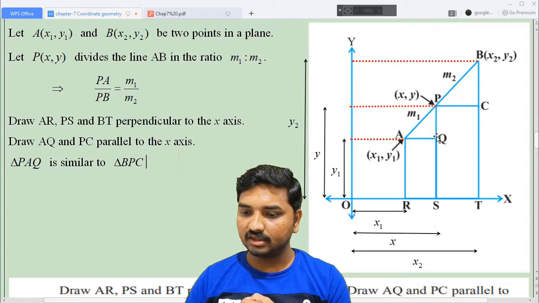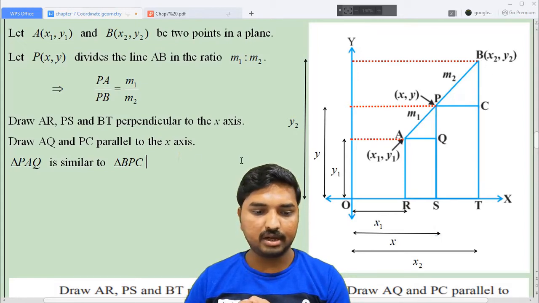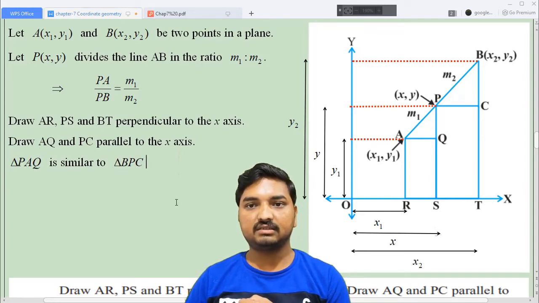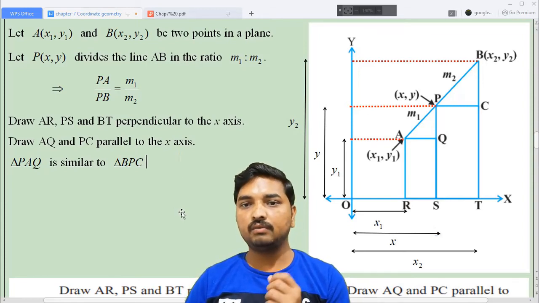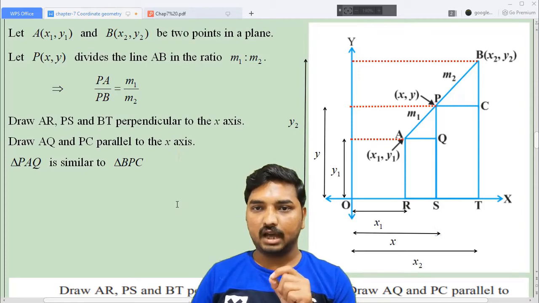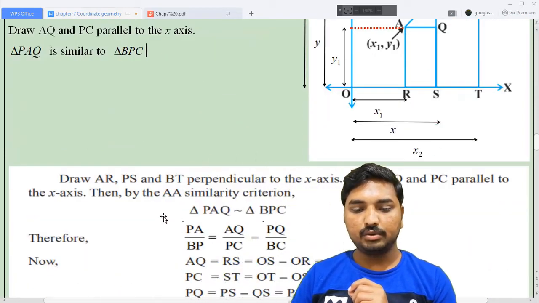For PQ, the corresponding side is BC. So these are the corresponding sides. If you take the ratio of these corresponding sides, it is always equal. So in the next line we are going to write it like this.